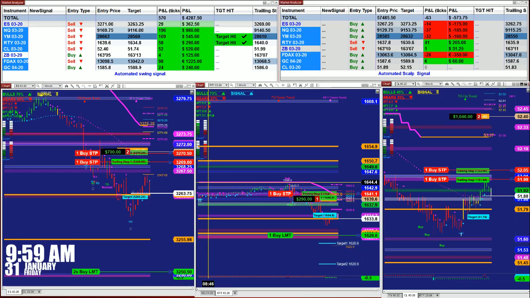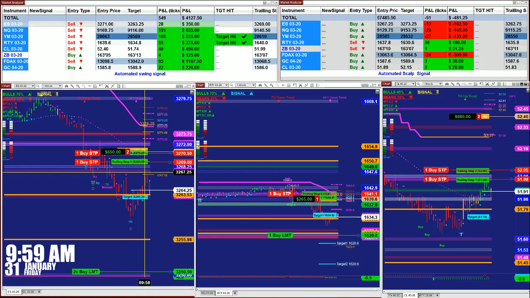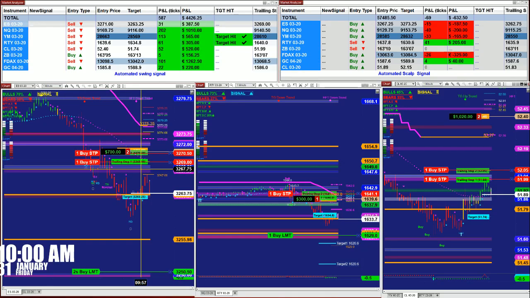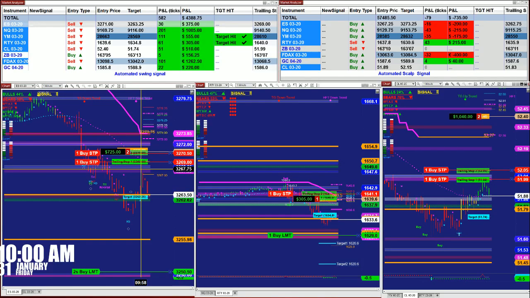From the technical point of view, if we look at the double resistance, it used to be double support, now become a double resistance. And when you see a double resistance or a double support, 8 out of 10 it is going to kick back. And the same story, the party is not over to the short side on any of them.